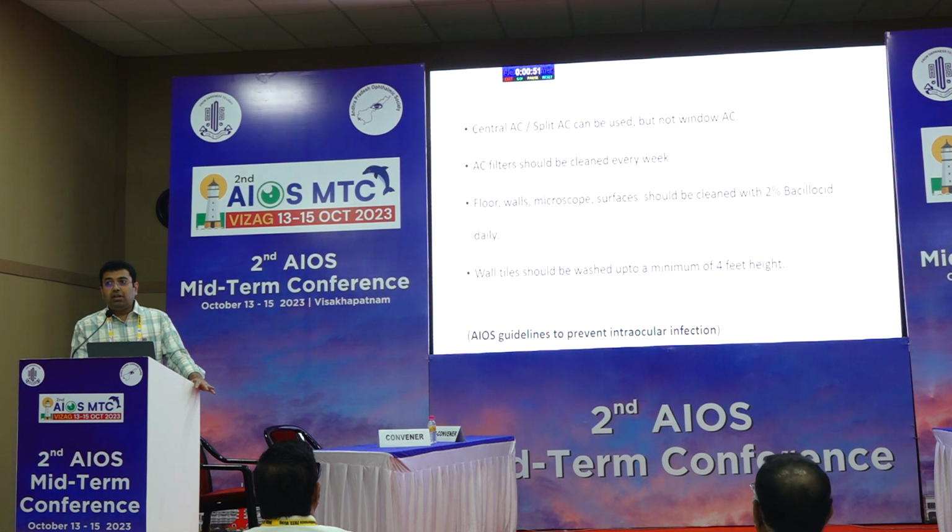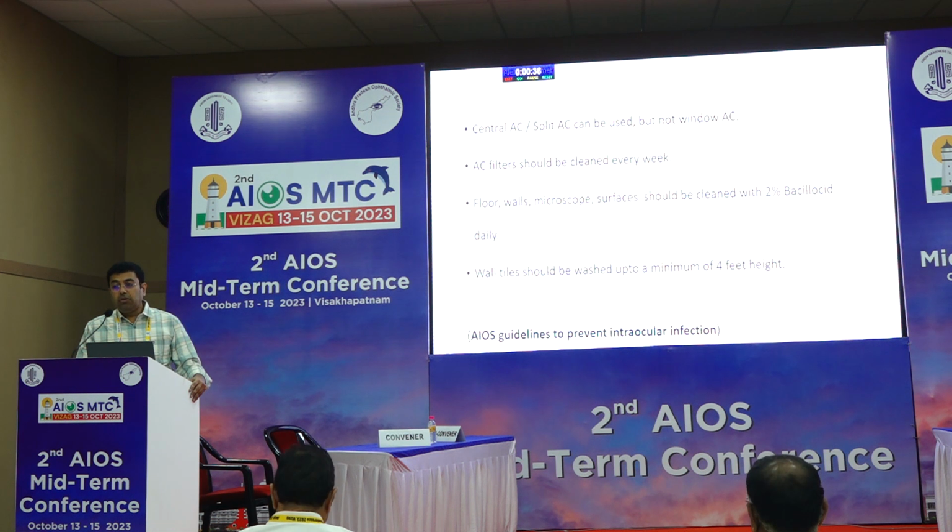An AC filter should be cleaned every week. The floors, microscopes and surfaces should be cleaned with 2% bacillocid daily. If you are using wall tiles and you don't have a modular theater, as many of us don't, the wall tiles should be cleaned up to a height of 4 feet. These are the AOS guidelines to prevent intraocular infection.